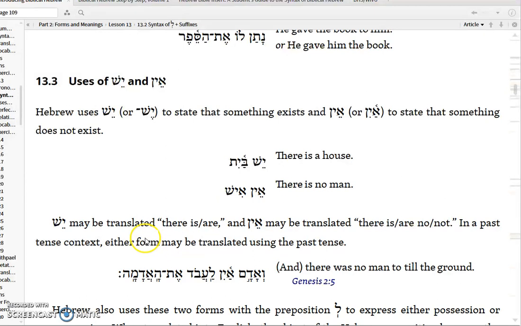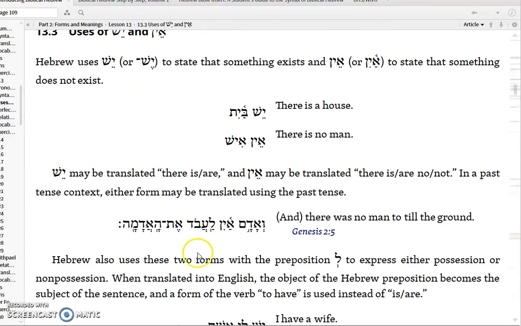And so for practical purposes, you can translate yesh as there is or there are. And ein, you can, for practical purposes, translate there is not or there are not. Although there is no tense to it, so it could be past, present, or future.